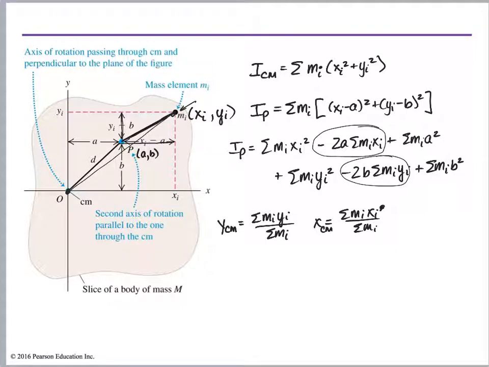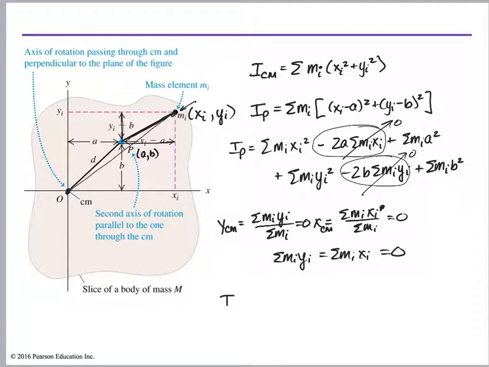But the way that we chose our coordinate system, the center of mass of both of these is 0, because we put the center of mass at the origin. That means that both the sum of m sub i y sub i and the sum of m sub i x sub i are equal to 0. So those terms are just 0.